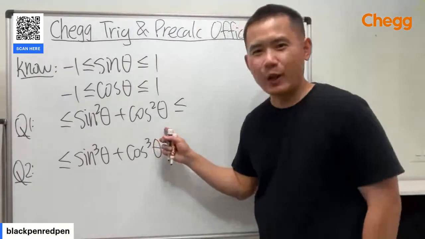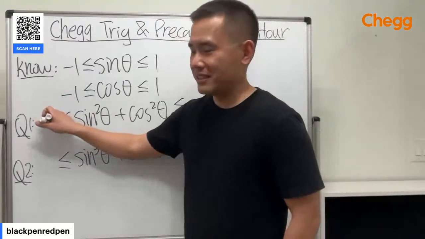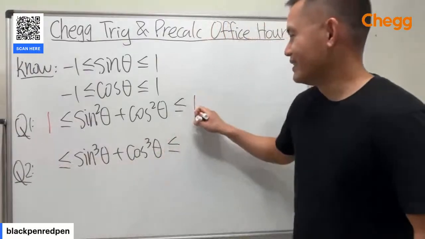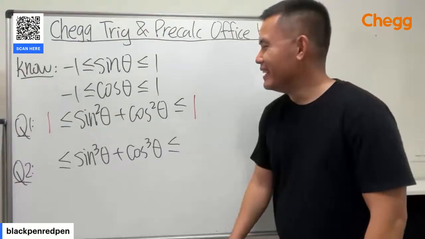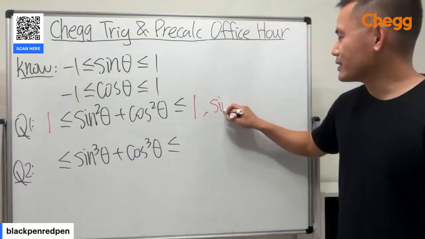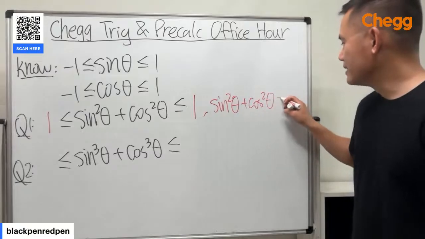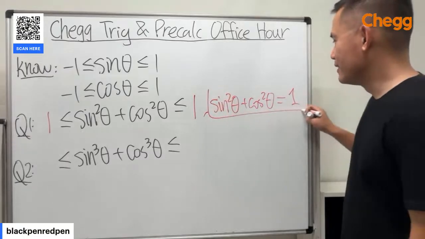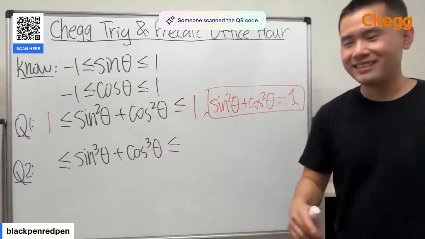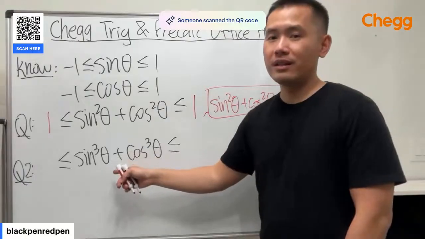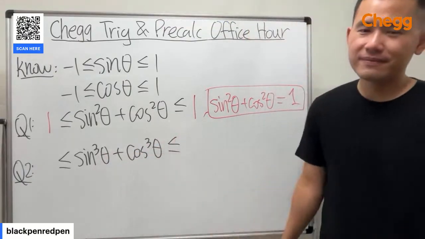Number 1 is just like a squeeze theorem, that kind of thing, right? This right here, surprisingly, it's just 1 and 1. Anyways, sine squared theta plus cosine squared theta is equal to 1. Exactly. So the range is just 1. It's just a horizontal line. But for the cubic one, sine cube plus cosine cube is slightly different.